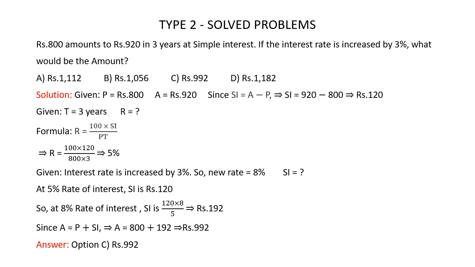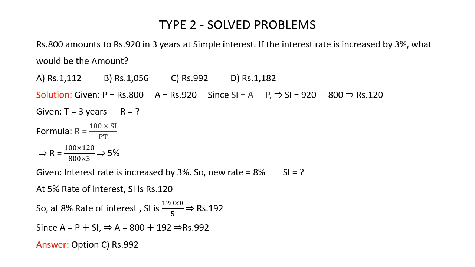Now we know that at 5% rate of interest, simple interest is rupees 120. So at 8% rate of interest, simple interest would be 120 multiplied by 8 divided by 5, which is nothing but rupees 192. So the new simple interest is rupees 192.